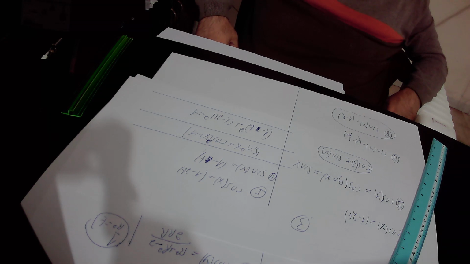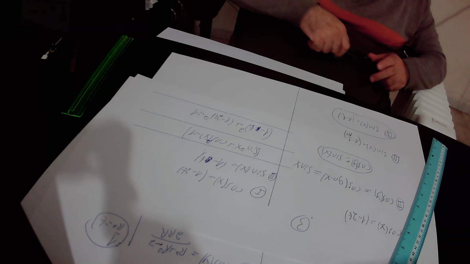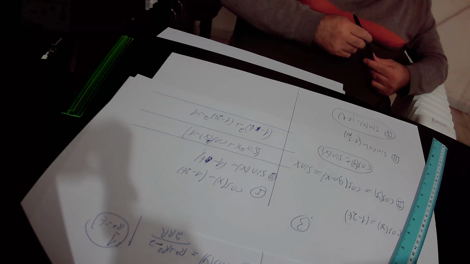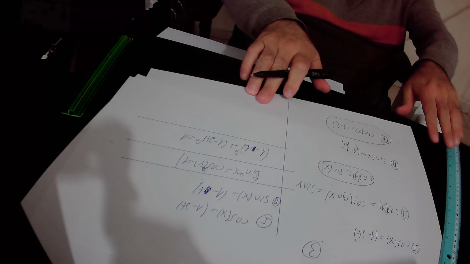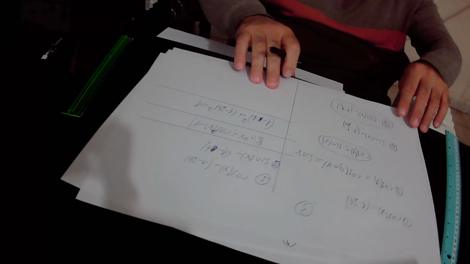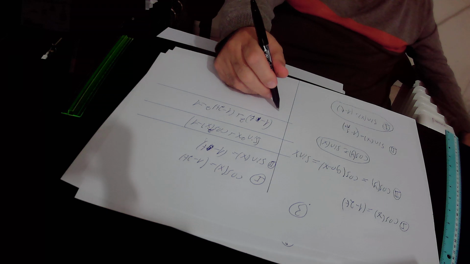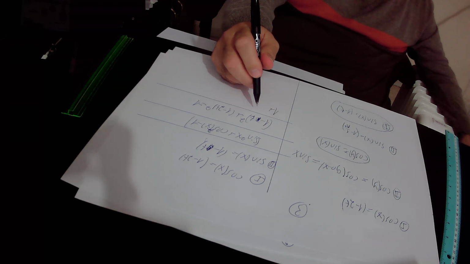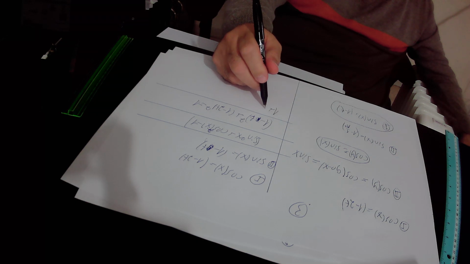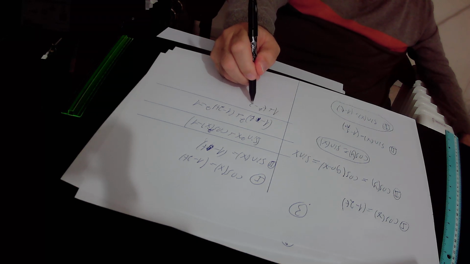In the next step, we'll open the brackets on this side of the equation, and we get that (1 minus t) squared equals 1 squared, that is 1, plus t squared minus 2t.